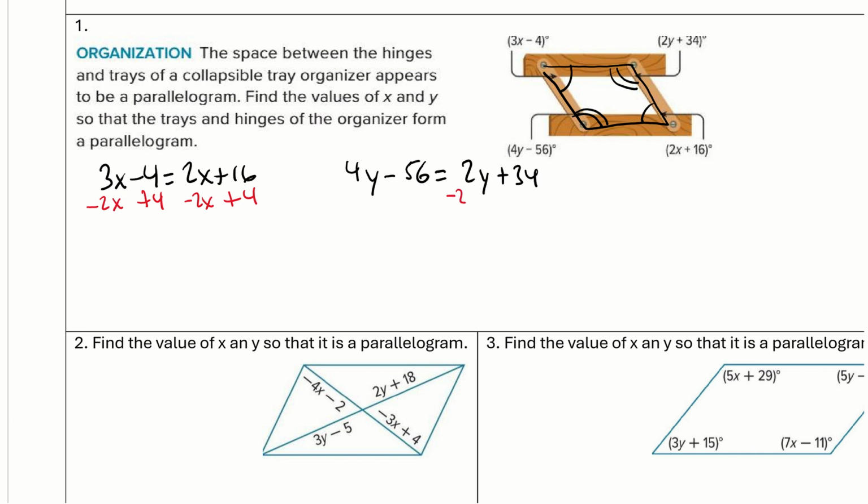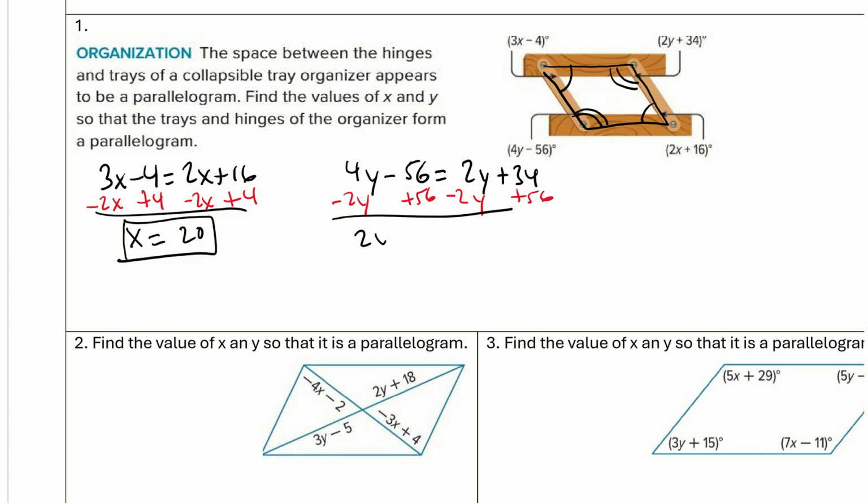And then for this one, we're going to subtract 2y and then add 56. So we get x equals 20. And then we get 2y equals 90, 34 plus 56. Cut that in half to get y is 45.